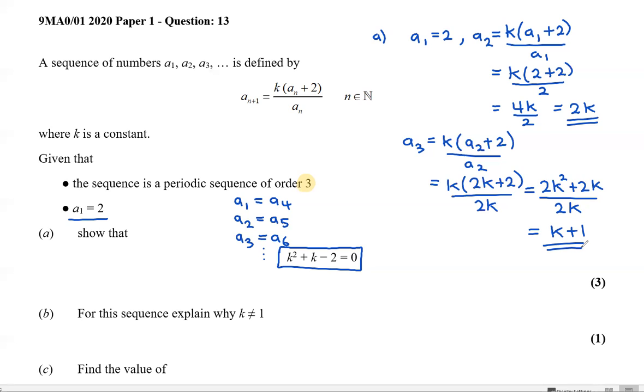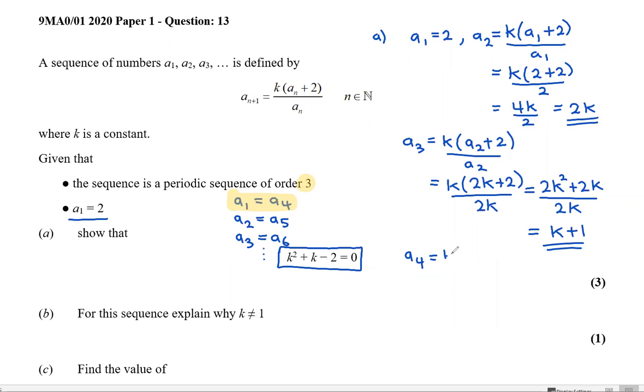So we've now got A3. So we're doing pretty well. We've got A1, A2, and A3. Now, A4, we know is going to be equal to A1. So we just need to find one more, and then we can set up an equation. So A4 is whatever we get when we sub in A3.